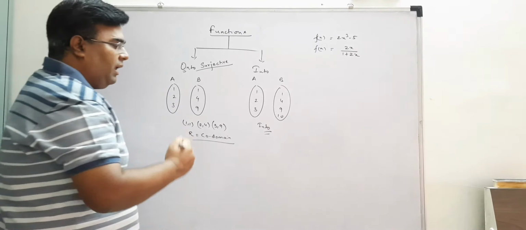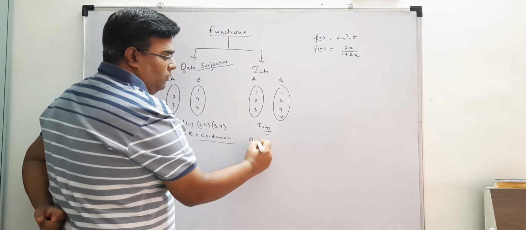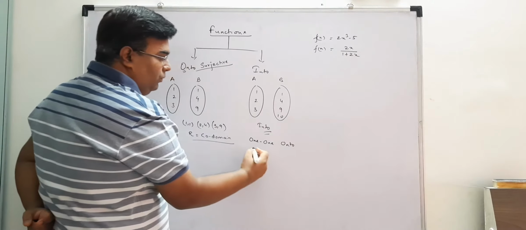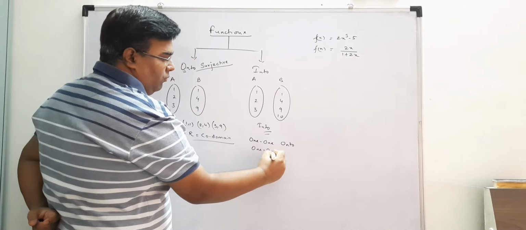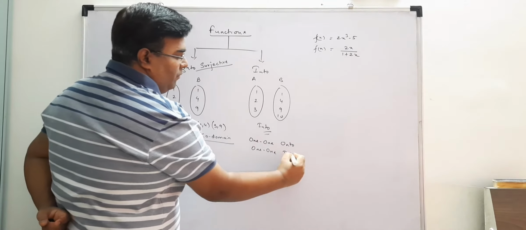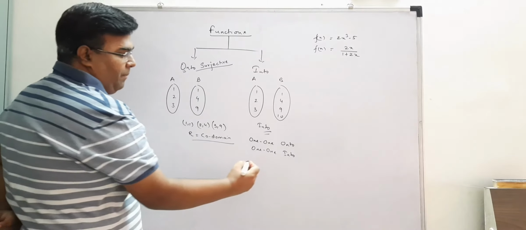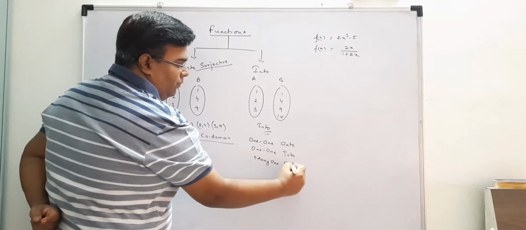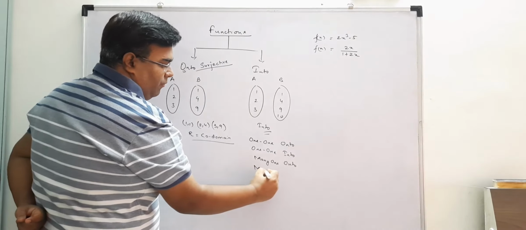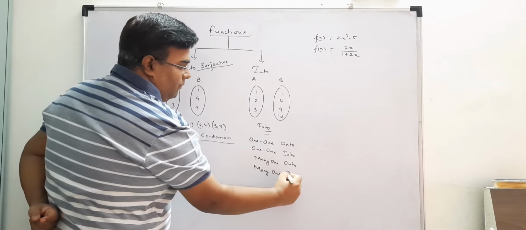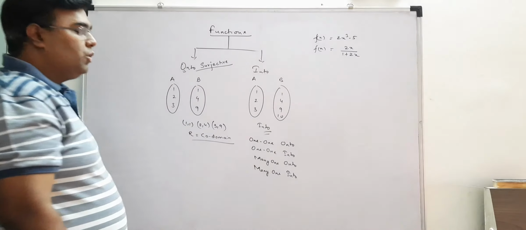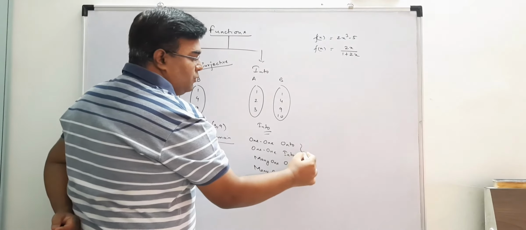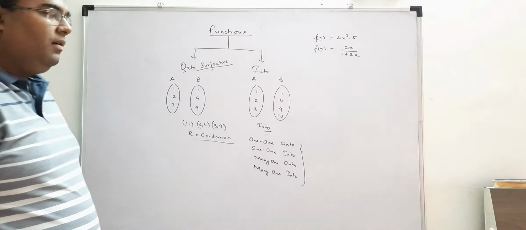It can have 1 1 onto, 1 1 into, many 1 onto, many 1 into, right? So we can have 4 types of combination in a function.